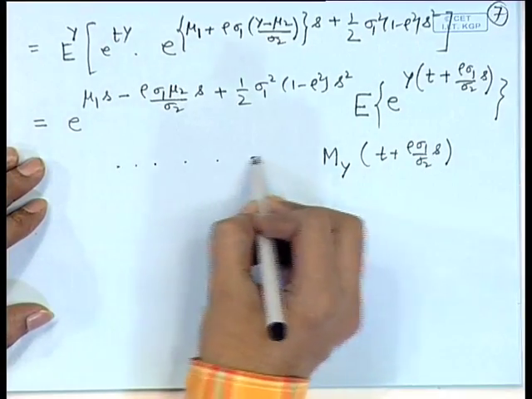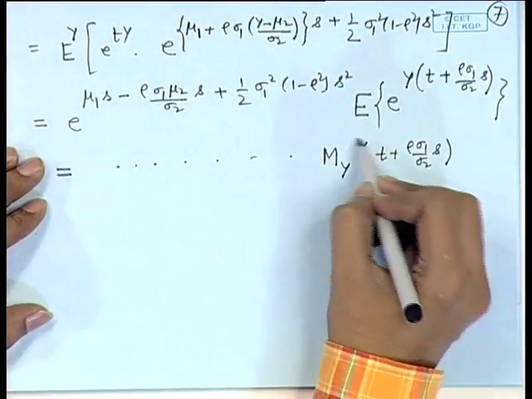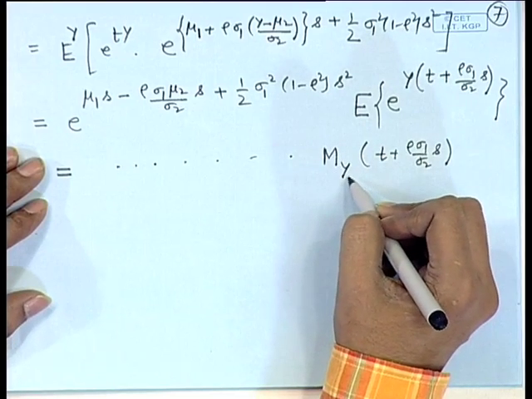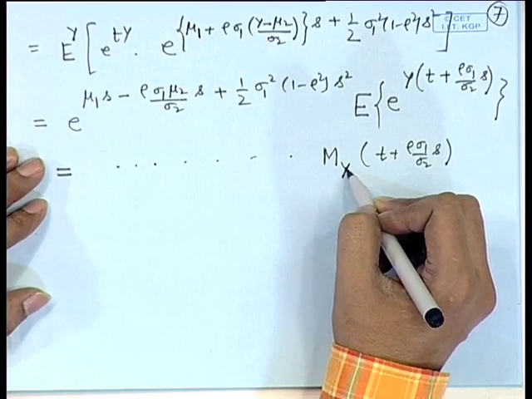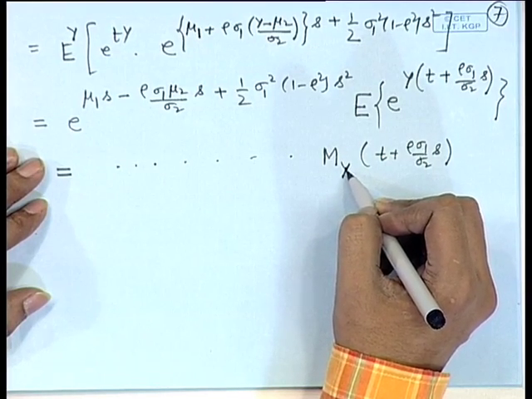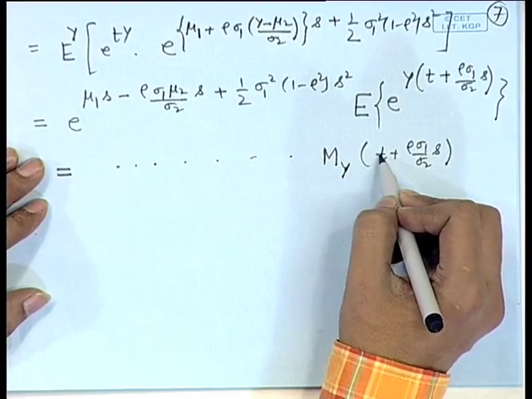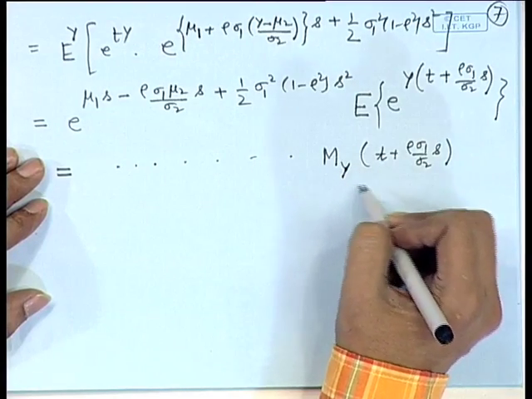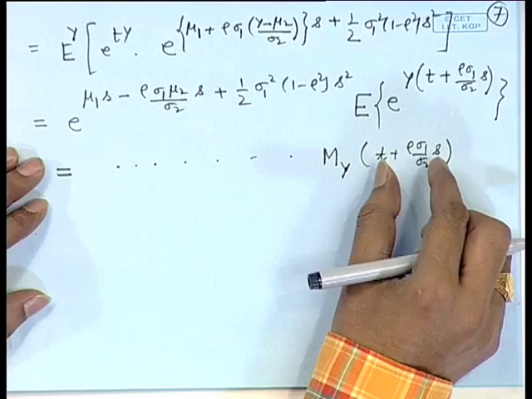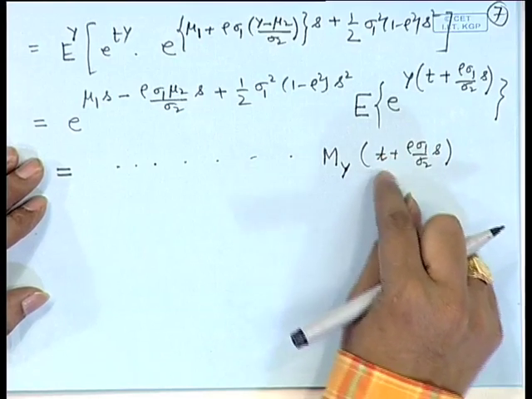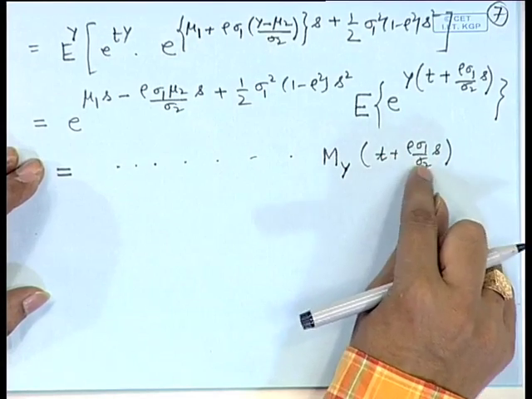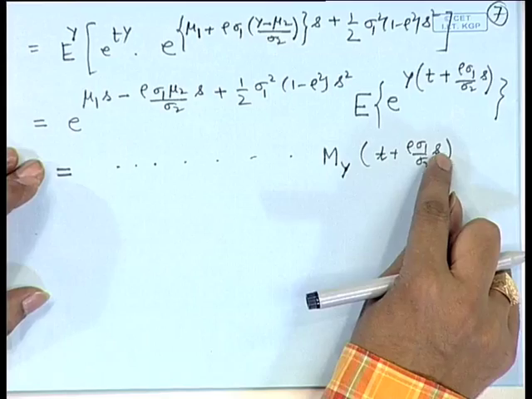Notice here that the distribution of Y is again univariate normal with parameters mu 2 and sigma 2 square. Therefore, the moment generating function has a known form. In place of the point t, we substitute t plus rho sigma 1 by sigma 2 s.